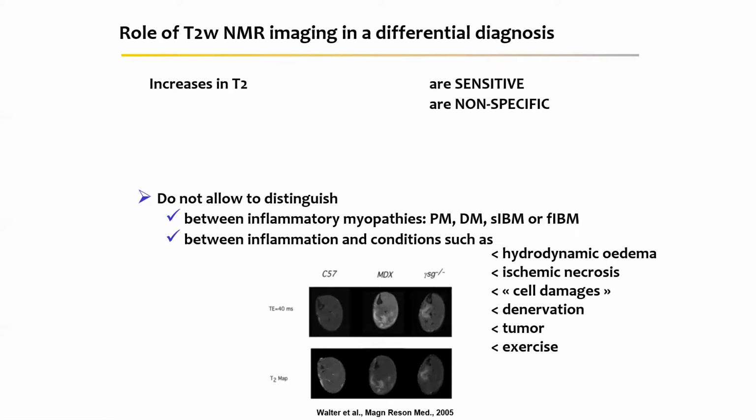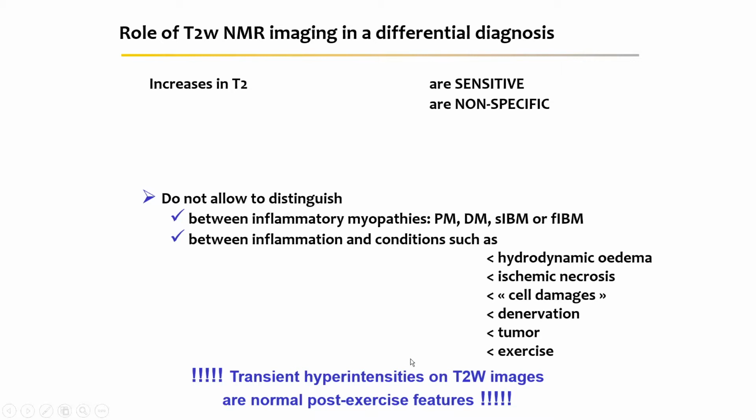Acute and subacute denervation will increase the T2 because of the rapid shrinking of the muscle and the expansion of the interstitial space. And also, most important to know, exercise will also increase the water T2, because during exercise of moderate or high intensity, there's really an inflow of water into the muscle. Your muscles are swelling, and it results in an increase in water T2. And this is an important consequence.